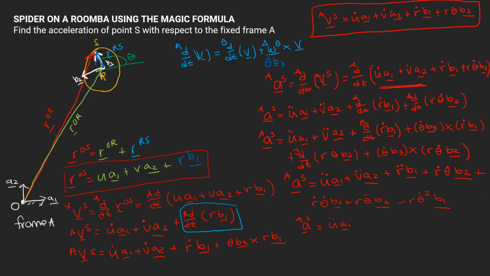So we have u double dot a1, v double dot a2, plus r double dot b1 plus 2 r dot theta dot b2 plus r theta double dot b2 minus r theta dot squared b1.